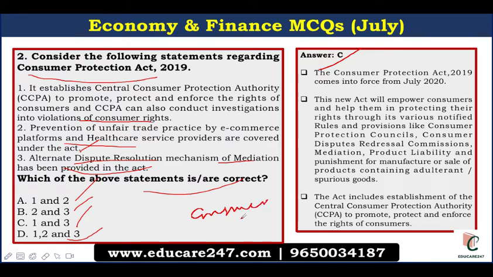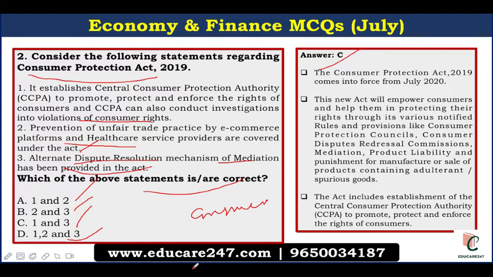It is empowered to conduct investigations into violation of consumer rights and institute complaints. It can order recall of unsafe goods and services. It can also order discontinuance of unfair trade practices and misleading advertisements. It can also impose penalties on manufacturers, endorsers, and publishers of misleading ads.